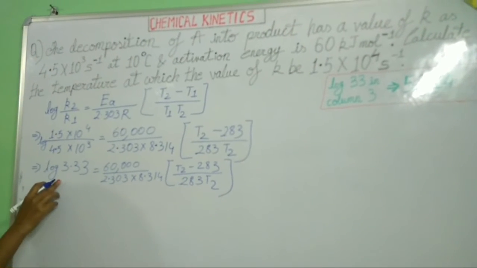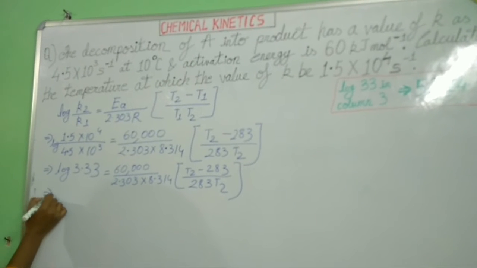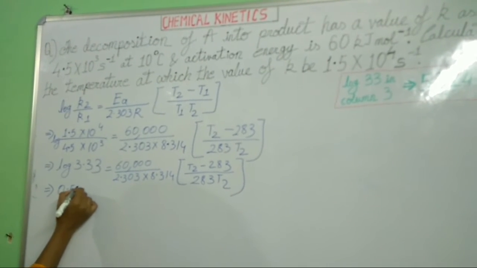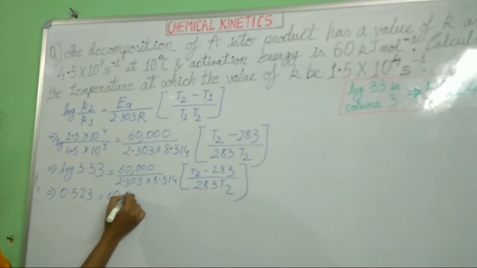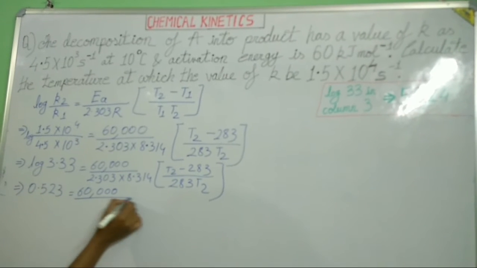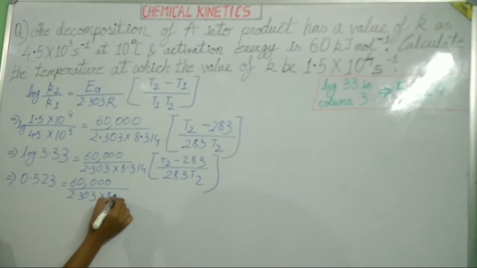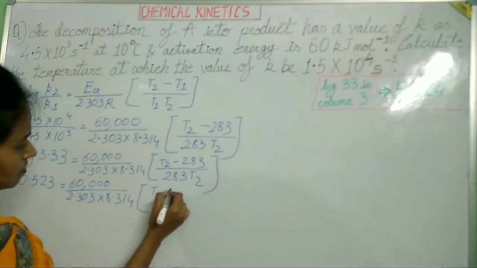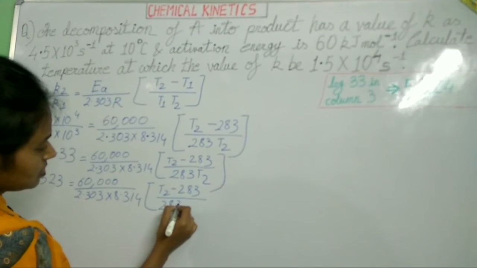Now, if we look at the value of log 3.33 in the column of 3, what will be the value? 0.523. Okay, 60,000 divided by 2.303 into 8.314. Again, T2 minus 283 divided by 283 T2.